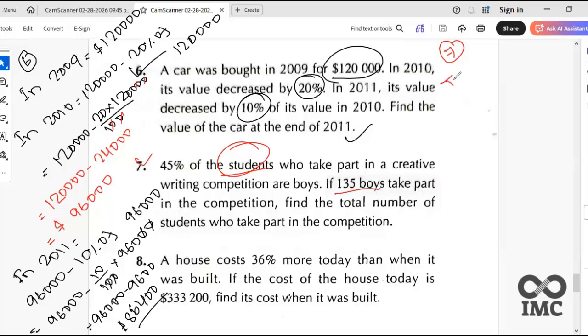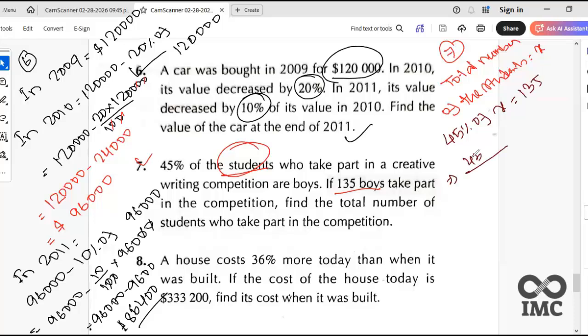So let the total number of students be X. Now the question says 45% of X equal to 135. So 45% means 45 by 100 into X equal to 135.